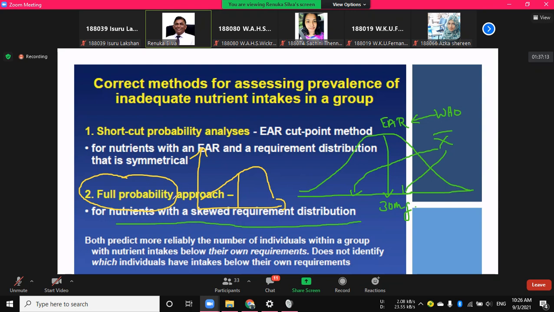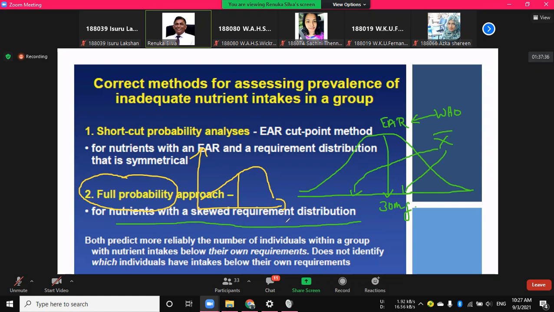That's the EAR cutoff point method, and it's a calculation method. And there is another method called the full probability approach. By doing that, we can get an idea how much of the Sri Lankan preschool children population consume enough calcium or not.